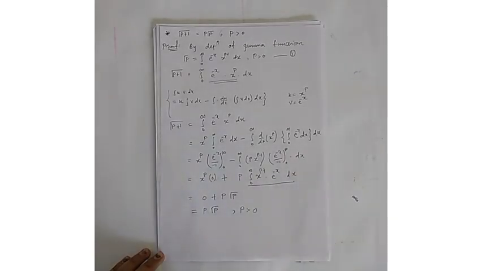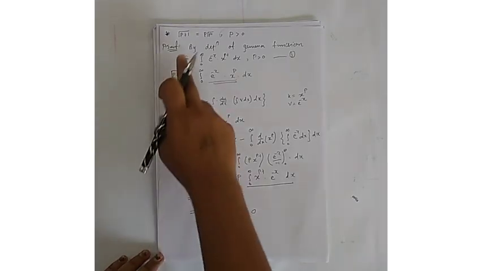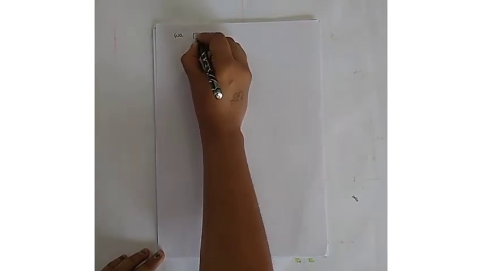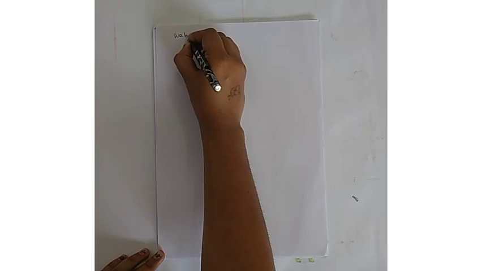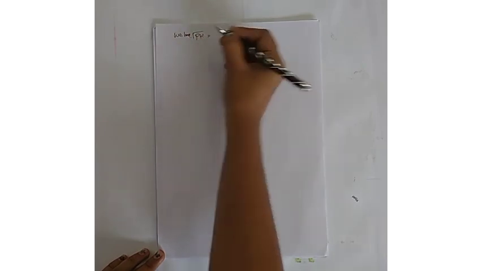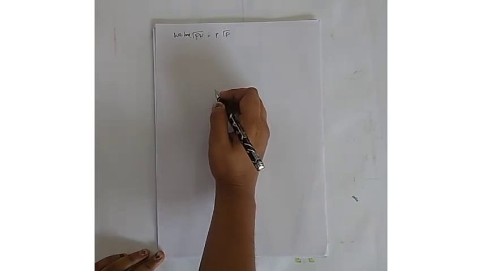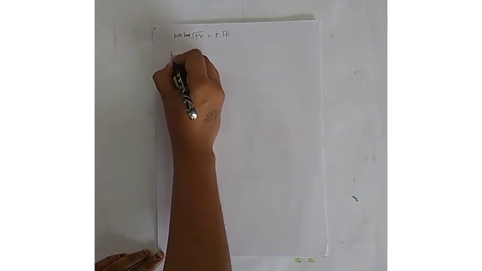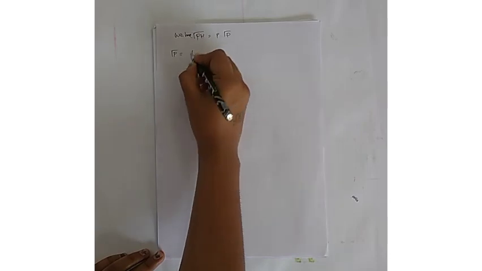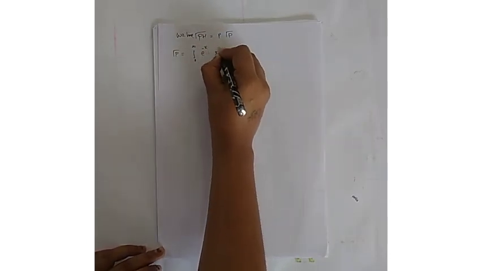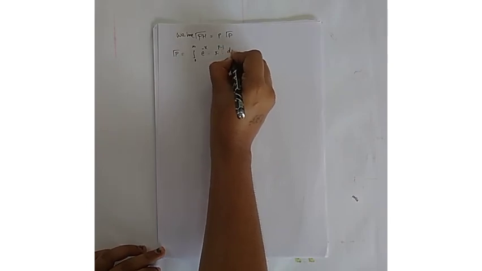Now there are some basic concepts for this. That is, we have gamma p plus 1 is equal to p into gamma p. By definition of gamma function, gamma p is equal to integration with limit 0 to infinity e raised to minus x into x raised to p minus 1 into dx.